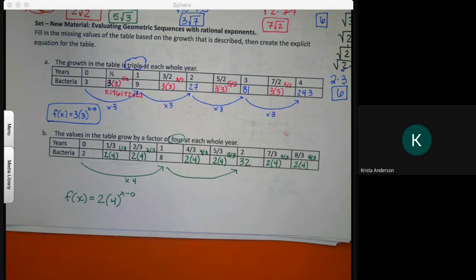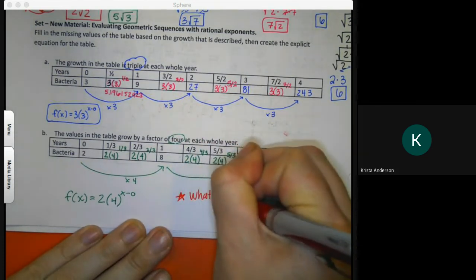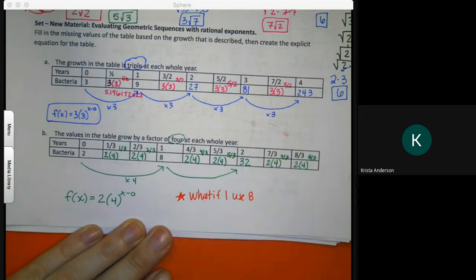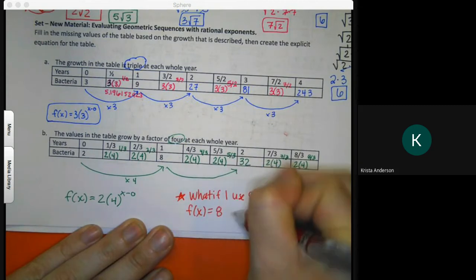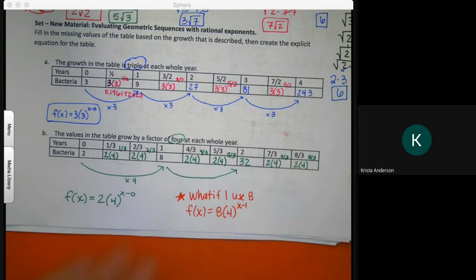Any questions? Yes, Sam? Do we have to use the 0 value? Or could we have used like 8? Yeah, so what if I use 8? It would be f of x equals 8 times 4 to the power of x minus 1.